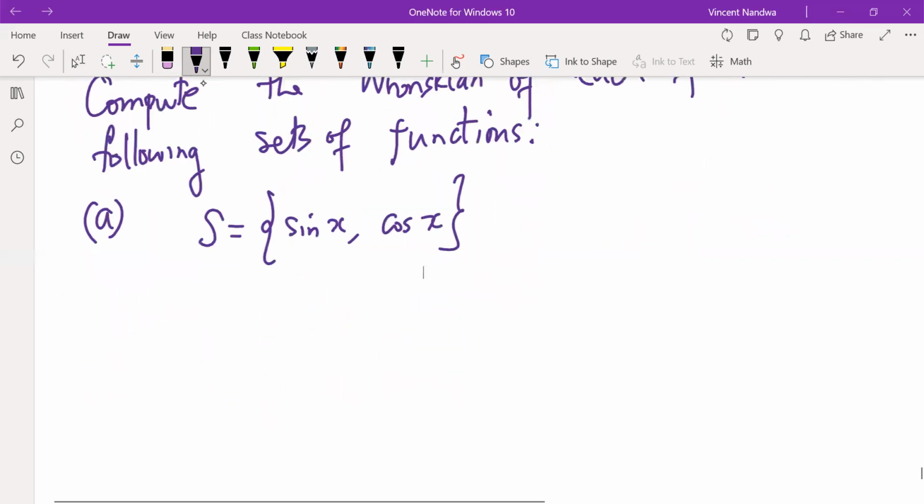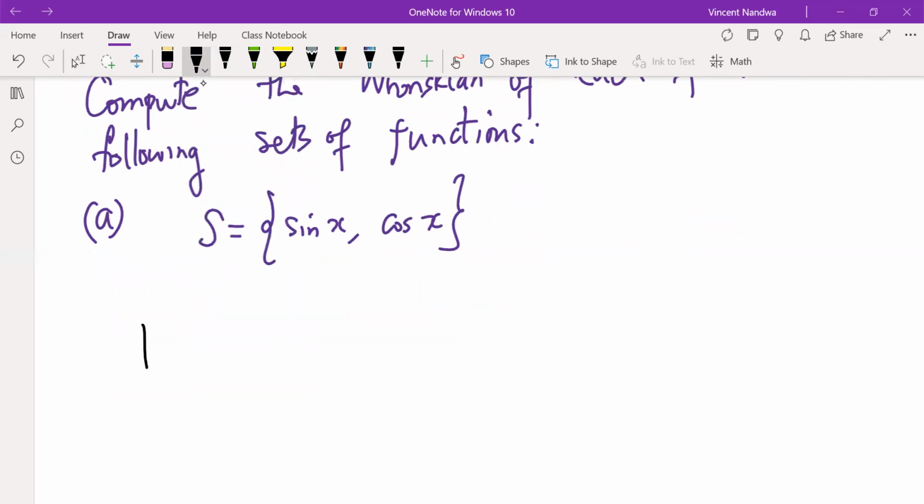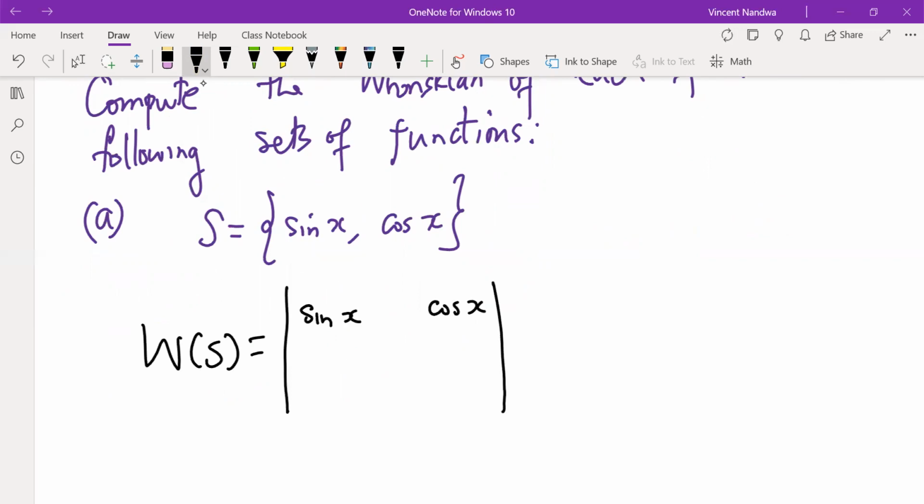Here, we have the Wronskian of this set as the determinant with first row sine x and cos x. The derivative of sine x is cosine x, and the derivative of cos x is negative sine x.